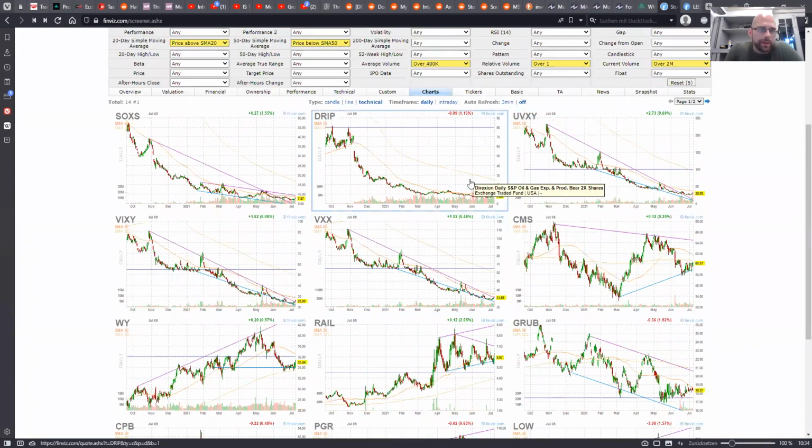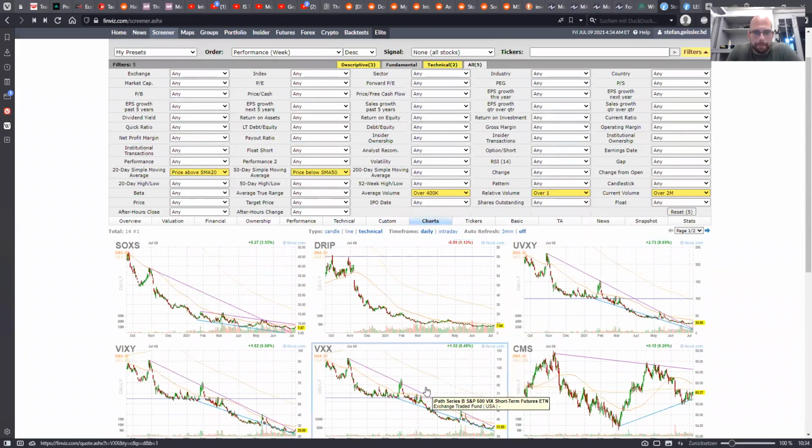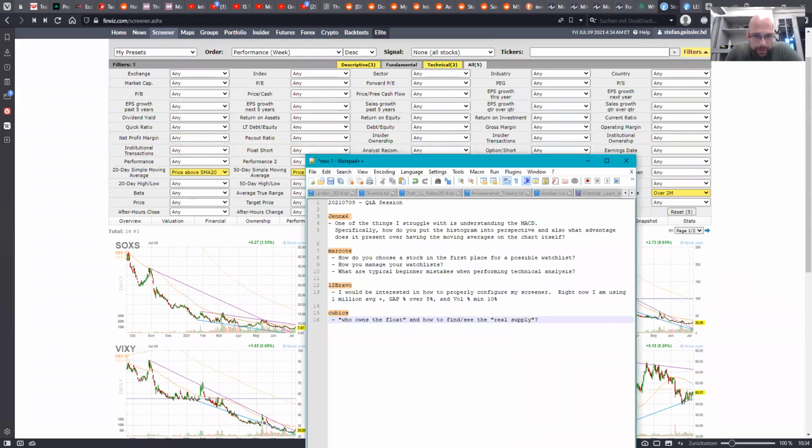I'm a swing trader by heart, so I'm looking for possible swing trades basically. Yeah, the gap over 5%, I guess we'll have a lot of results with that screener, so maybe you have to check that a bit lower.